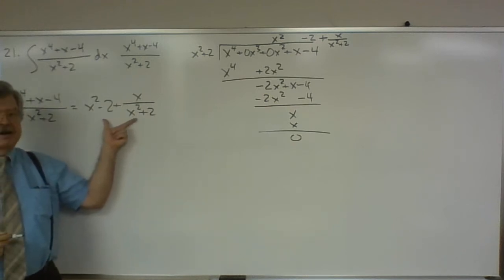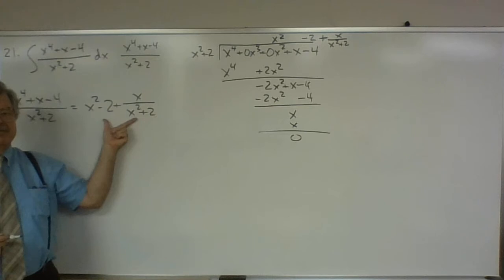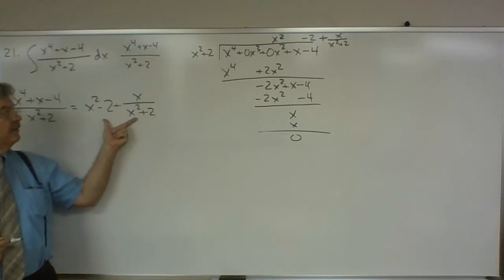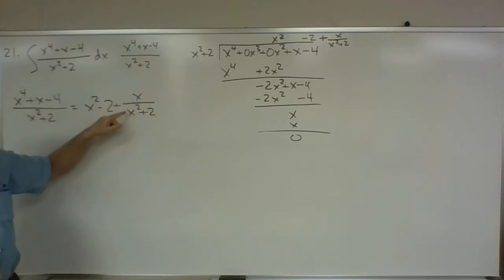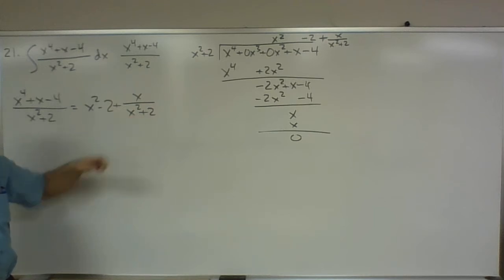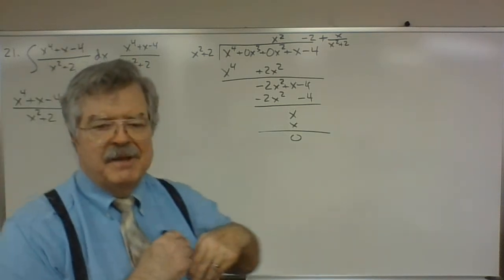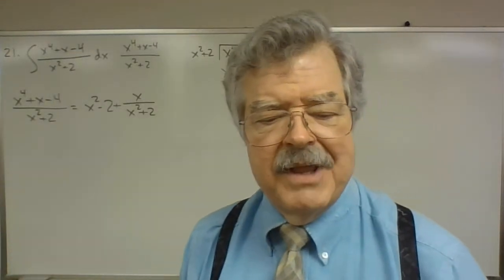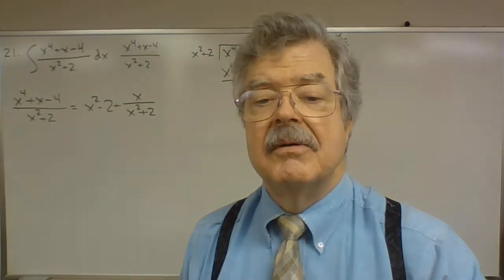This is the expression that we want to end up computing the antiderivative of. We have a quotient of polynomials here, but the degree of the numerator is less than the degree of the denominator, so we can handle that. Give me a second to erase and create more board space.